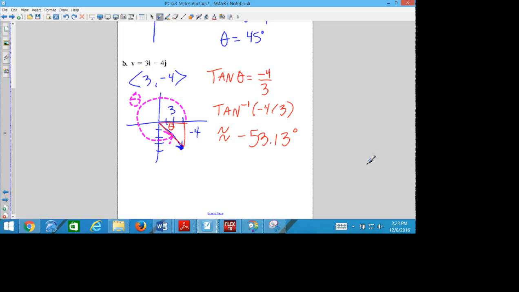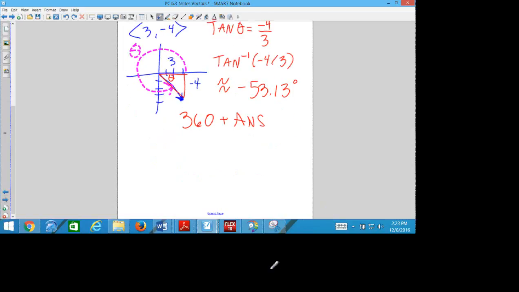So how do I find the other side? 360 plus that number. Since we're using our calculator, let's do 360 plus the answer that we just got. That will give us the pink theta, 306.87.